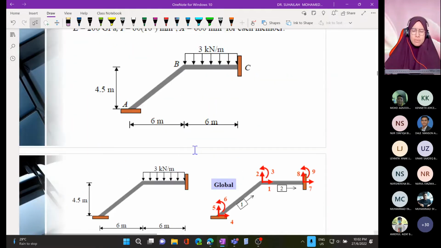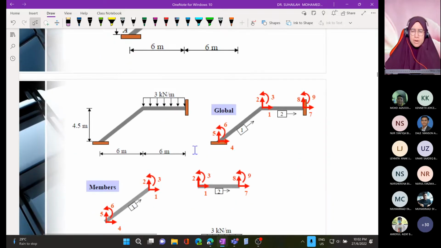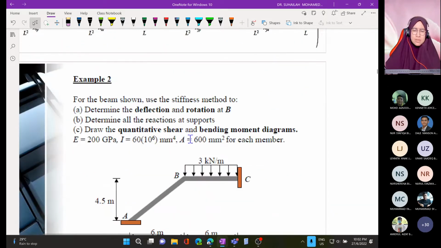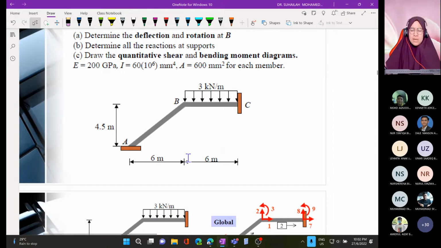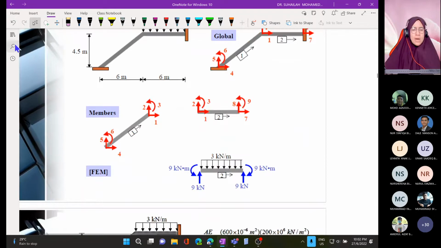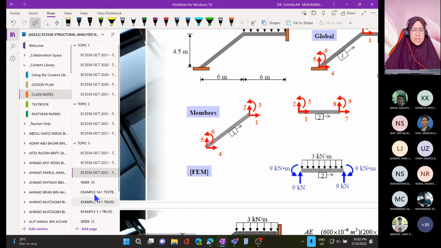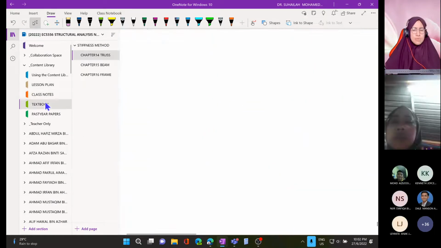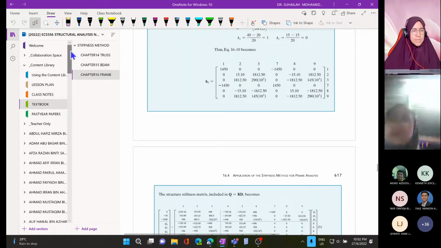Is this beam or frame? This is frame, right? This is not beam, this is frame. We look at a simple one first. I just get a simple one from the textbook, frame chapter number 16.